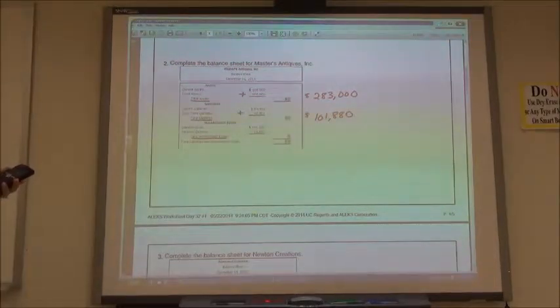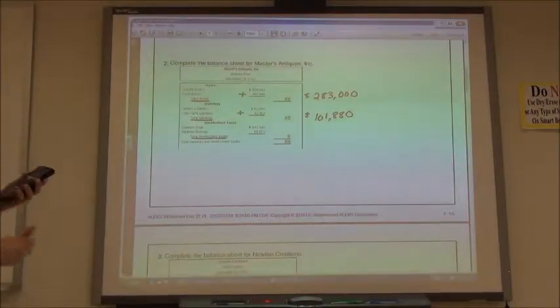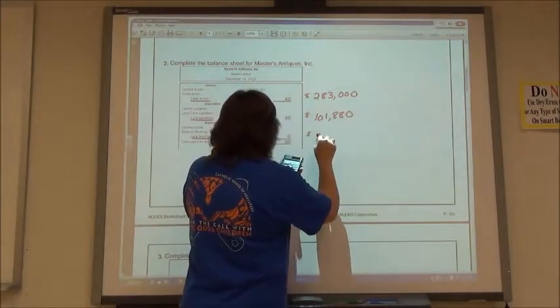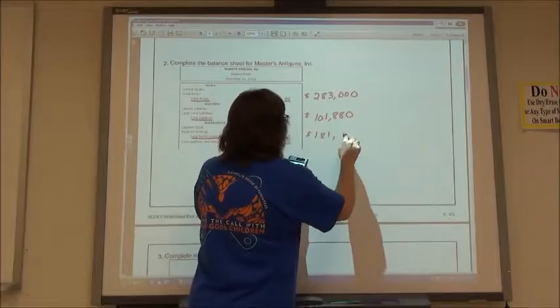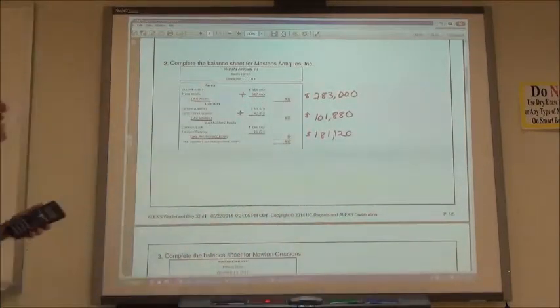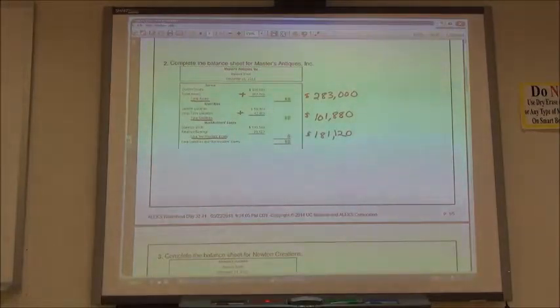So I have common stocks of 141,500 plus retained earnings of 39,620. And so I have a total stockholders' equity of 181,120.